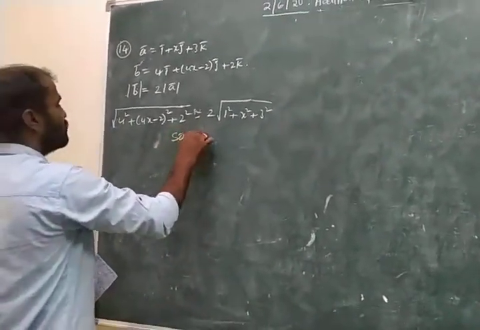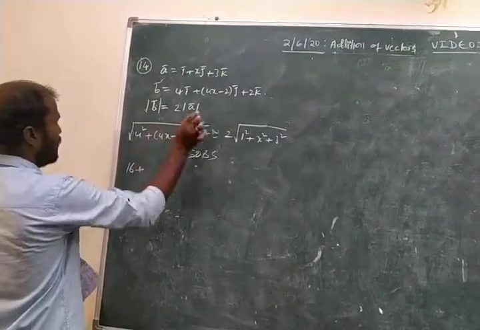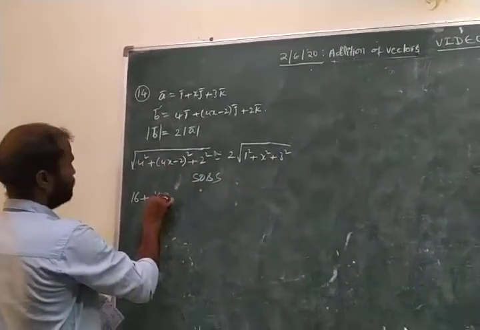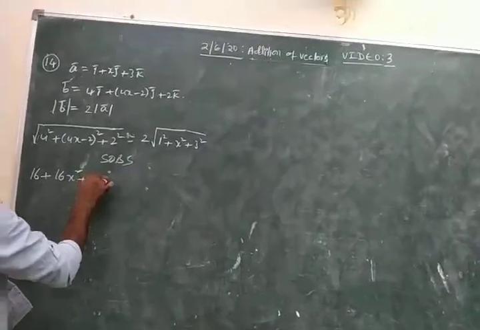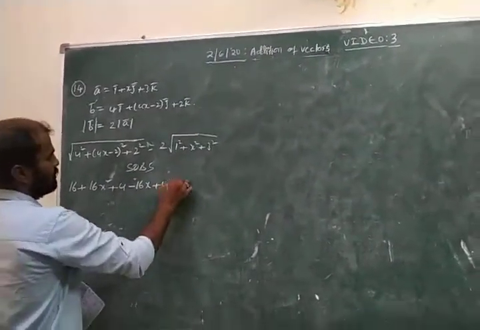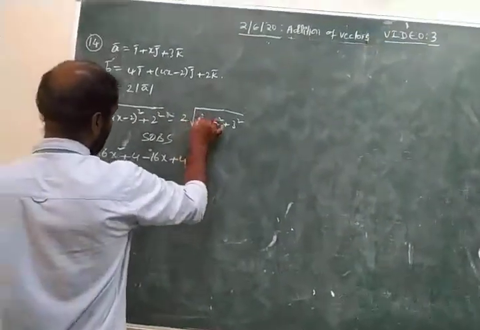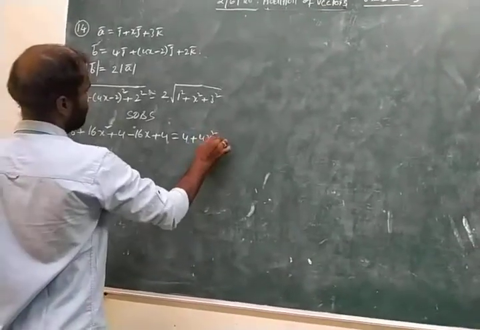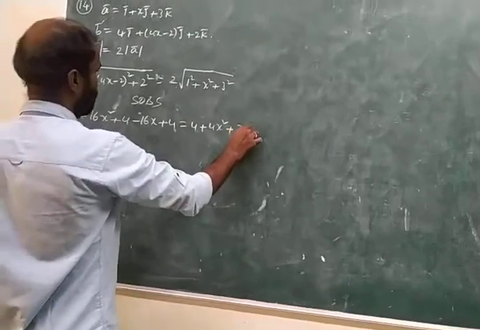Squaring on both sides, the roots cancel on both sides and we get 16 into (4x minus 2) whole square. Using (a minus b) whole square, we get 16x square plus 4 minus 16x, plus 2 square which is 4, is equal to 4 into (1 plus x square plus 3 square), that is 4 plus 4x square plus 36.